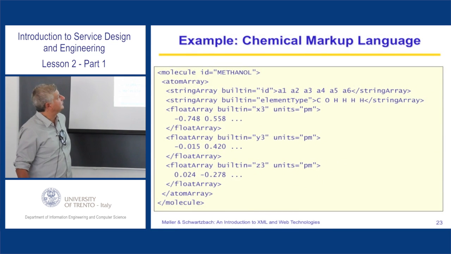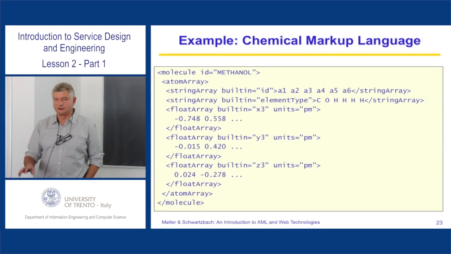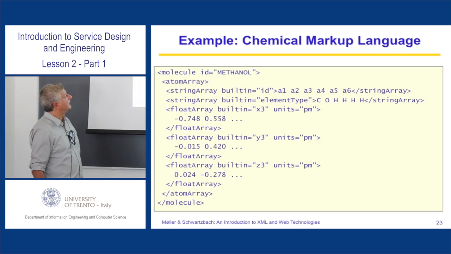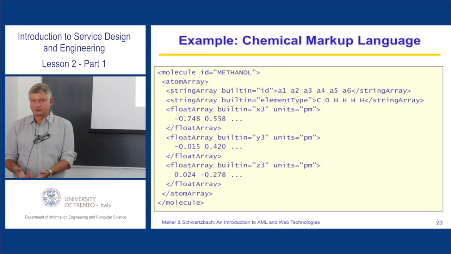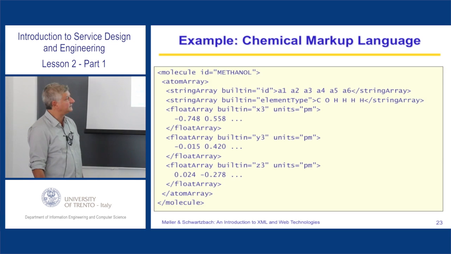But these are the three main ones. These are examples of specific applications of document-oriented XML, like a markup language for chemistry, where you can see how it can be flexible enough to support the things that are interesting in chemistry.